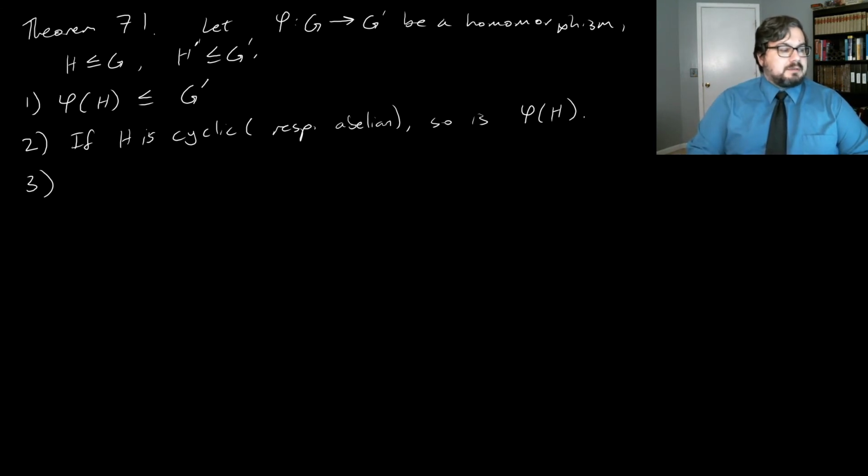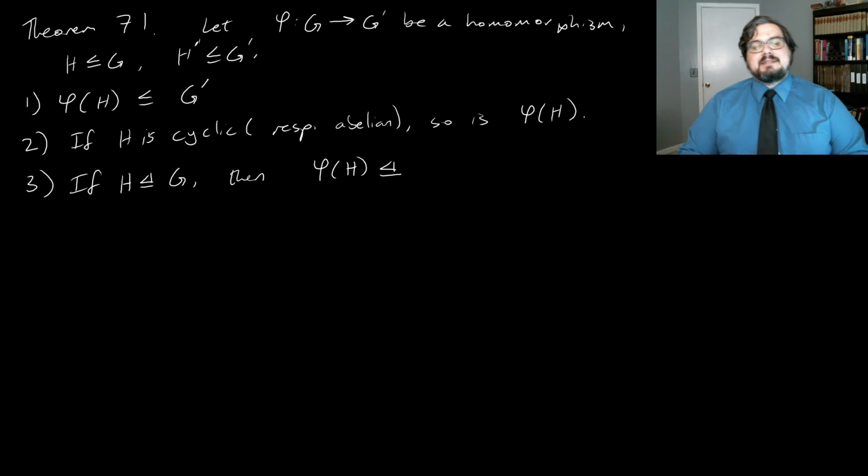Number 3, if H is a normal subgroup of G, then unfortunately we can't say that phi of H is going to be a normal subgroup of G prime.